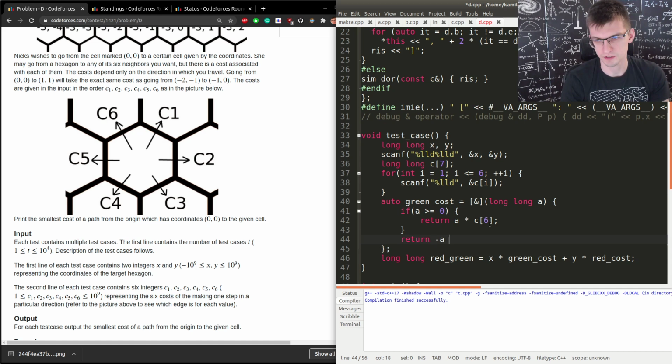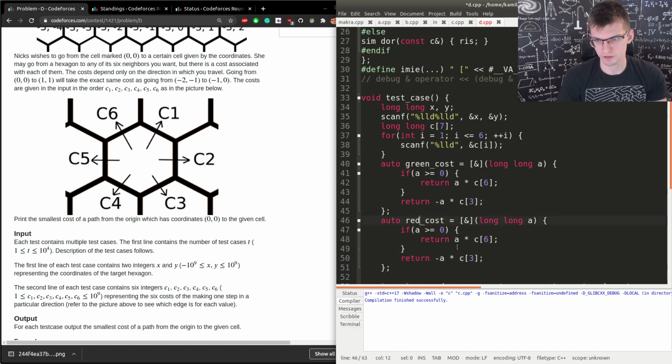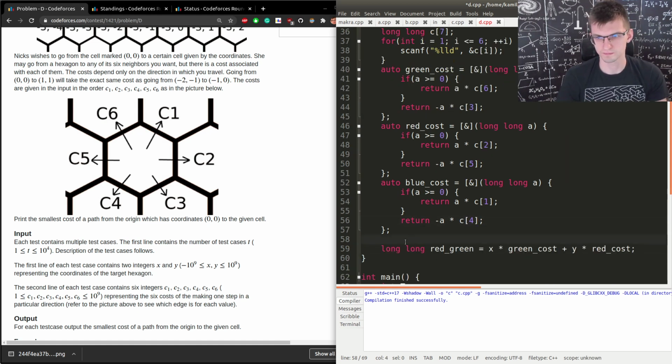Return minus A times C3. Red cost is the same, but to the right it's C2, to the left C5. And finally, blue cost is C1 and C4. This could be maybe automated instead of copy paste, but it isn't that bad in my opinion. So this is green cost of x plus red cost of y.